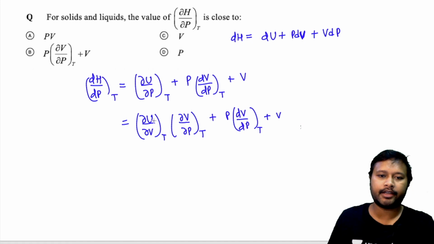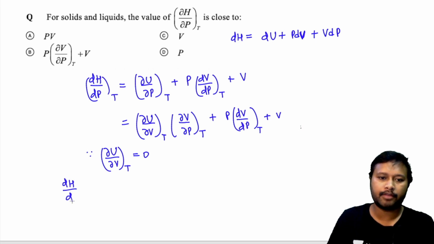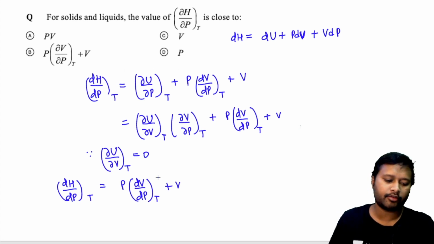Now you know that del U by del V at constant T is equal to 0. So this particular part will become 0. So that means dH upon dP at constant T will become equal to P dV by dP at constant T plus V. This is what I am going to get.